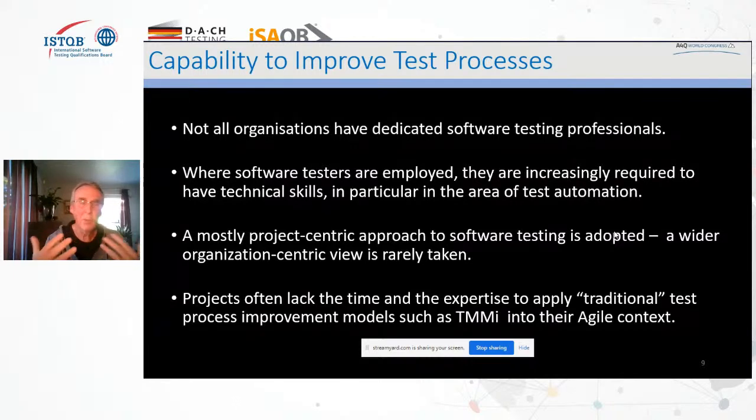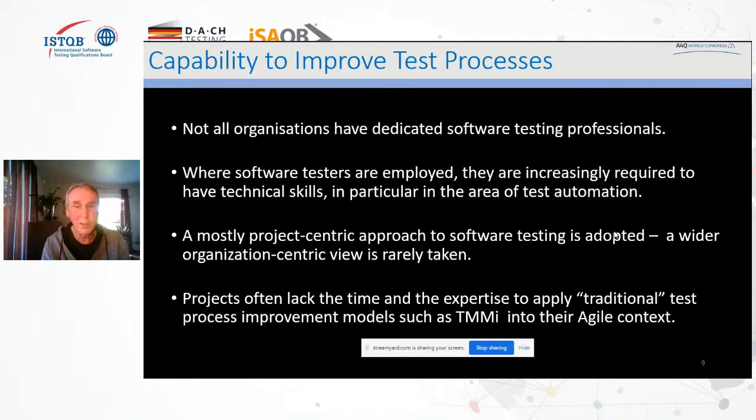So, why was that? It was principally time-driven. Projects lacking the time and the expertise, actually, to take, if you like, the traditional test process improvement model, as I mentioned before, like TMMI, and actually adapt them and shoehorn them into their agile context.